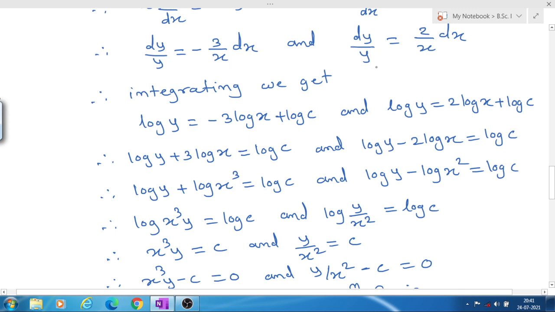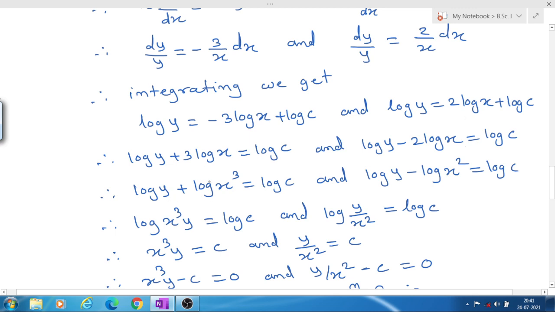Now here dy upon y, integrating we get log y is equal to 2 into the integral of 1 upon x, which is log x, plus the constant of integration log c. So this is log y plus 3 log x is equal to log c, and here log y minus 2 log x is equal to log c.